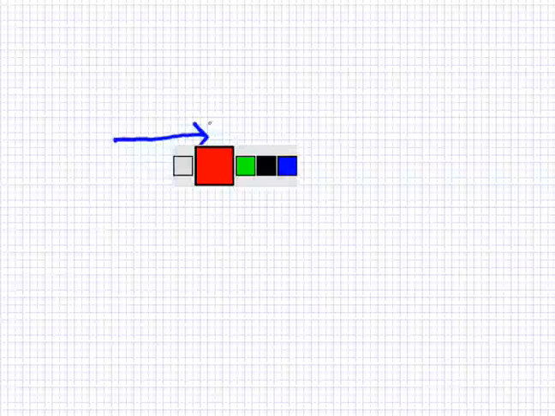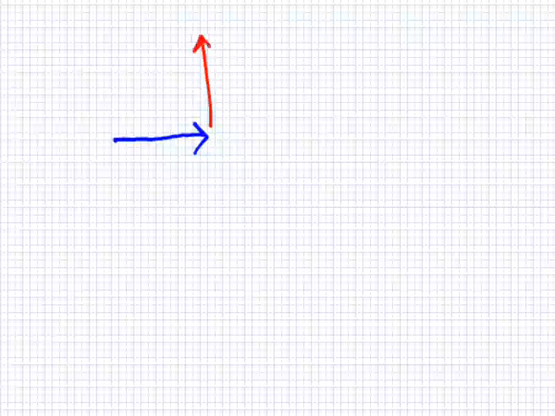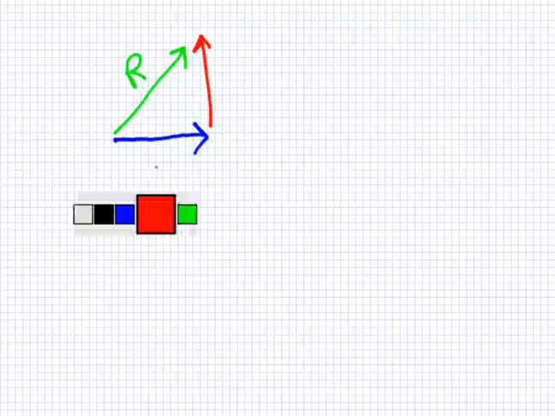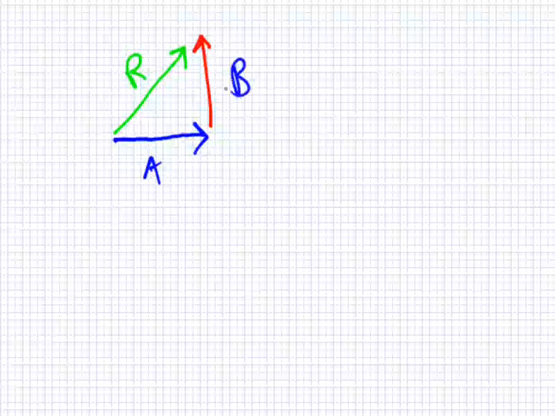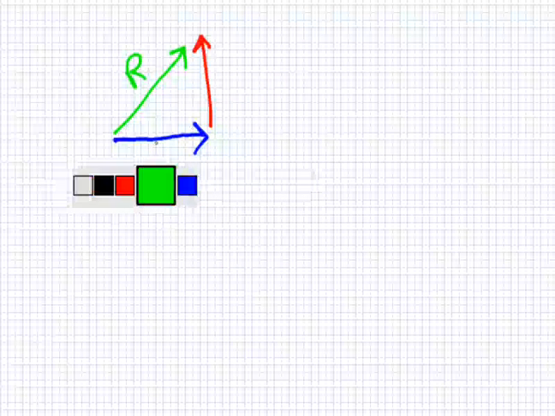So just as a picture, to make it clear what I'm saying. Here's a horizontal vector. Here's a vertical vector.